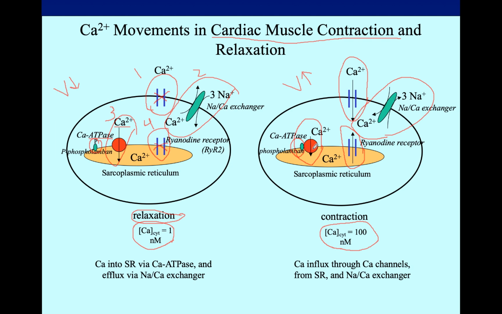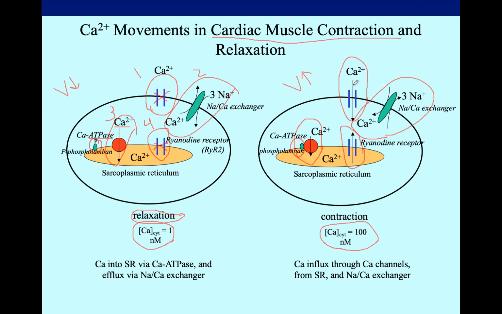So instead of bringing in all the calcium it was before, its function has slightly changed and it's only bringing in small amounts of calcium now, which is great because what's the whole point of this depolarized cell? Well, it's to contract. And for this cell to contract, it needs to have as much calcium in the cytoplasm as possible.